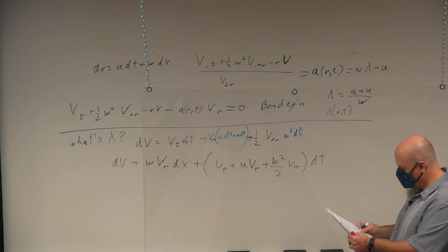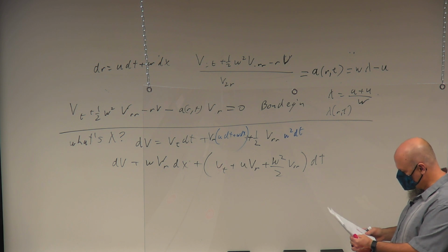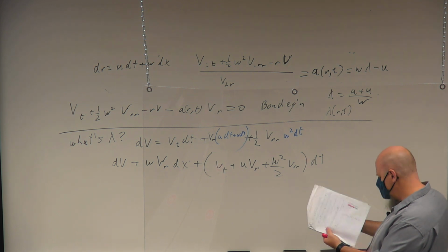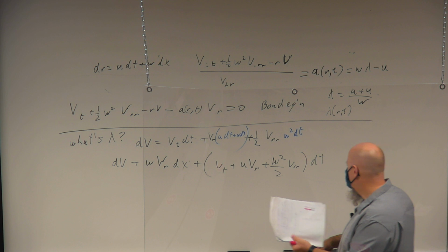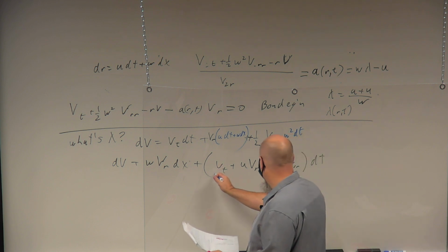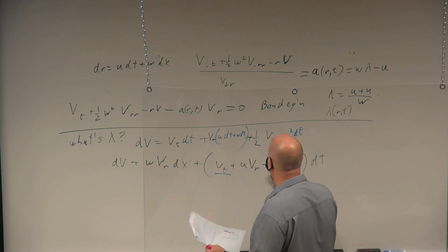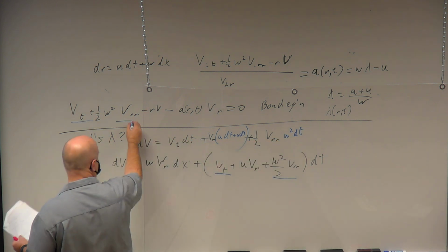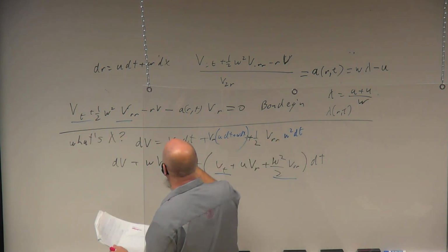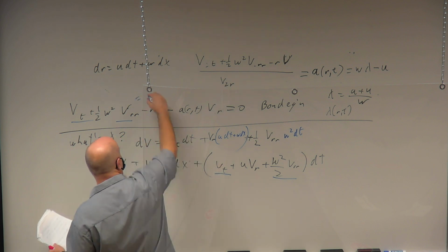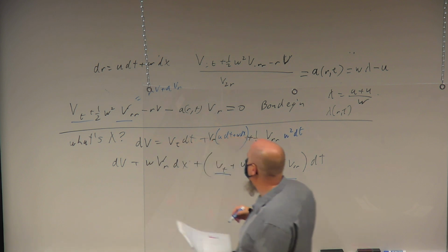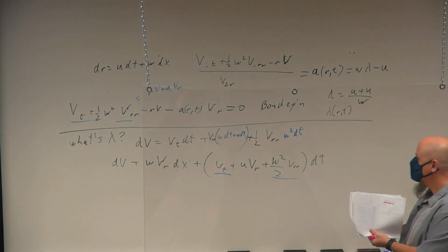Okay. And this plus this is this plus this. So I could make that equal to RV plus AVR, according to the bond equation.